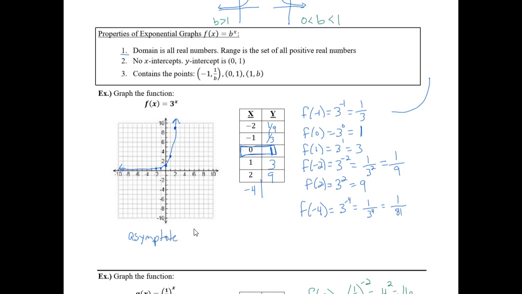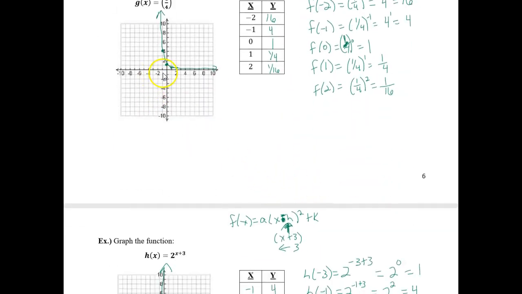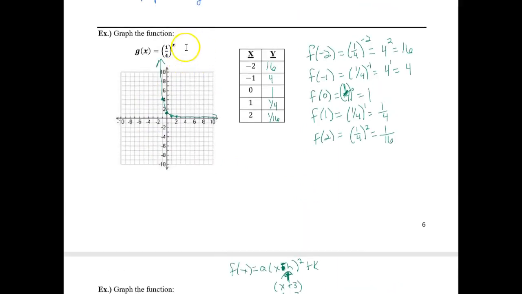Asymptote at y equals 0, because it's never going to go lower than 0 for y values. Then same thing here. There's not anything plus or minus, so it's never going to go below that x-axis. So there's an asymptote at y equals 0 again.